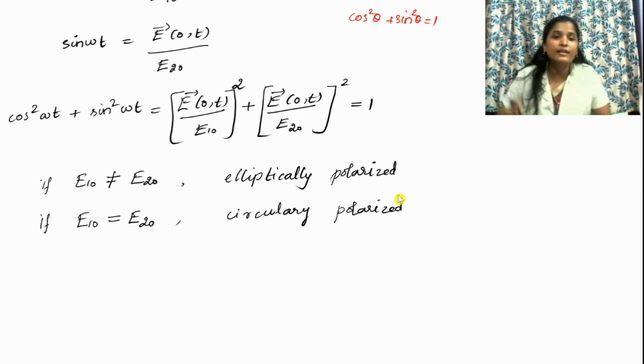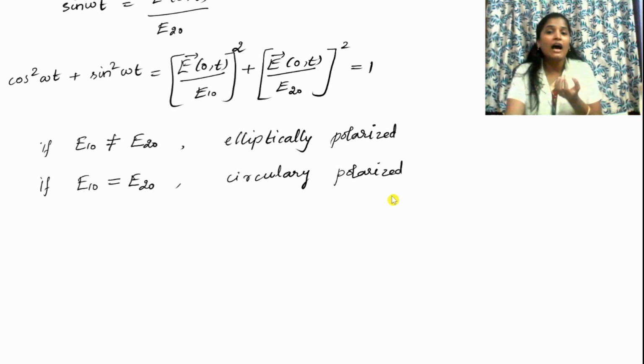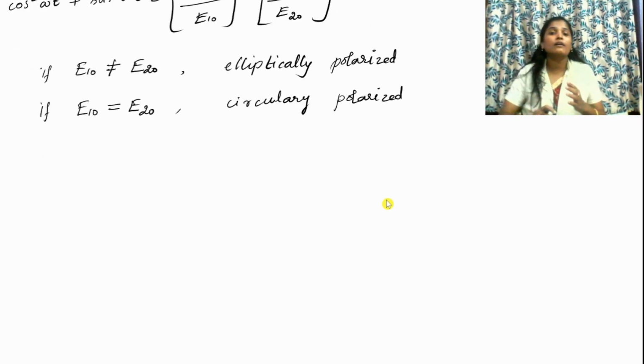Now with this assumption, let us do the further classification. Our circularly polarized wave is again classified into right hand polarization or left hand polarization. In order to find that, first we must know alpha.